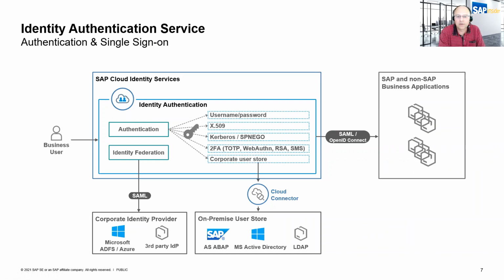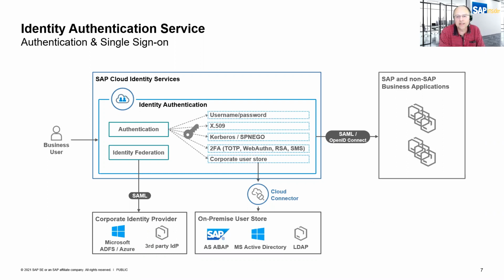And we are offering a wide range of multi-factor authentication capabilities, because for the public cloud solutions, strong authentication is a key requirement. Identity authentication offers, besides time-based one-time password tokens, we recently have added support for web authentication, something that I want to show later.